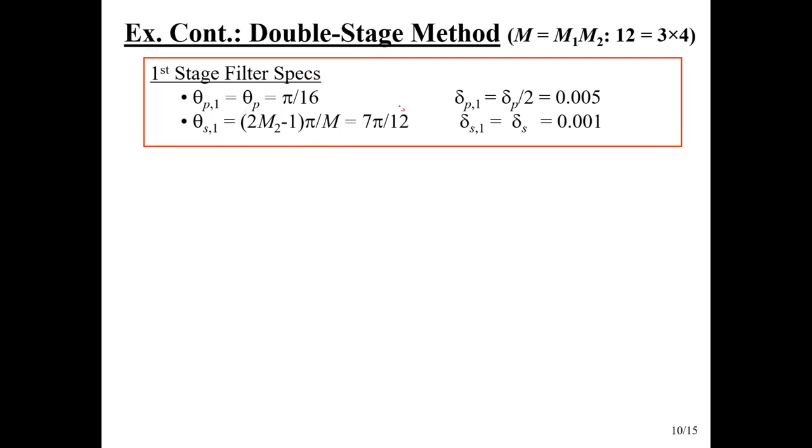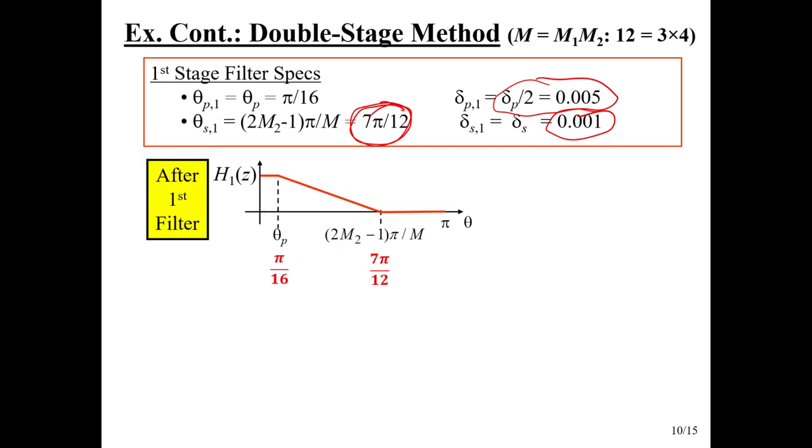And in this case, that ends up being 7 pi over 12. And so you can verify that that's farther out than what we had in the single stage. And then here is our stop band, same as before, and we've taken the pass band and divided it by 2. So instead of 0.01, it's now 0.005.